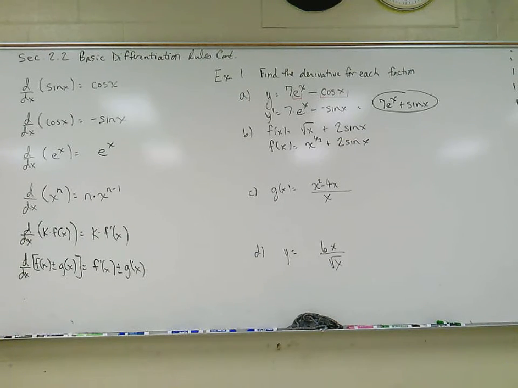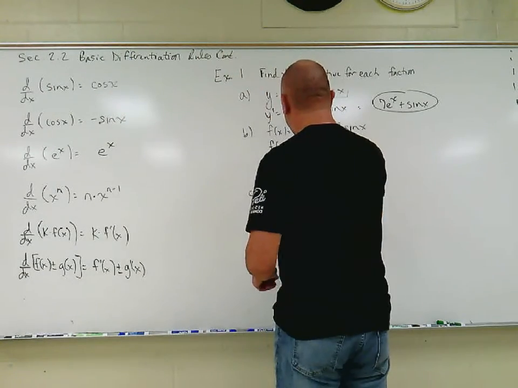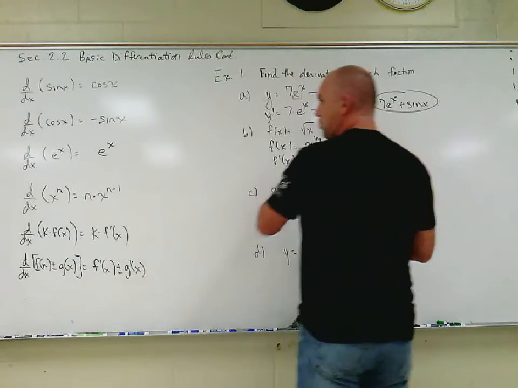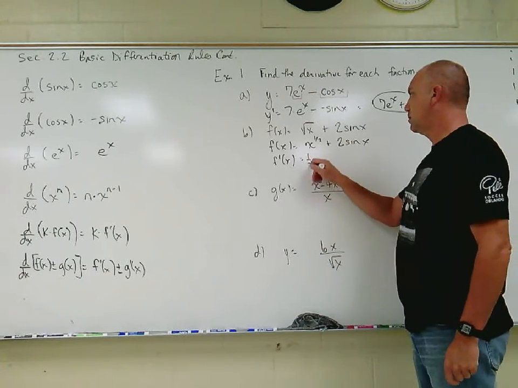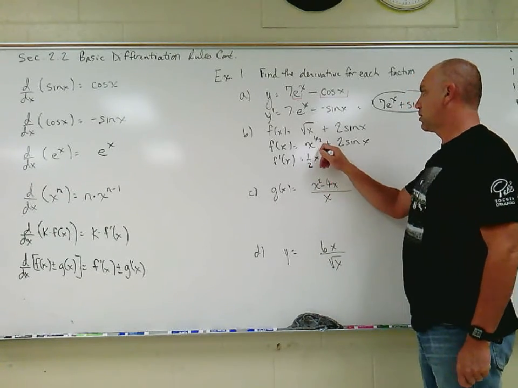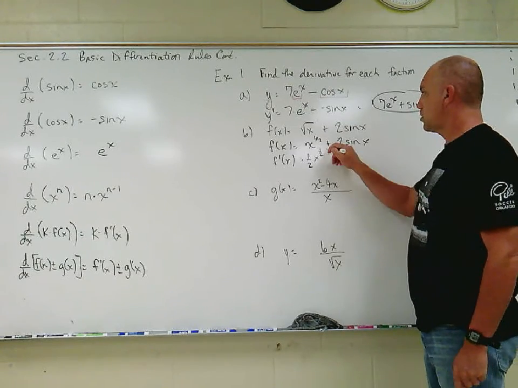Okay, so we're ready to look at this one here? All right, so let's see. When I take the derivative of this, it's a power rule, so the 1/2 goes where? In front of x, then I take 1/2 and I do what to it? Subtract 1.